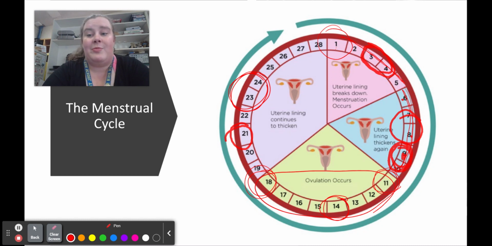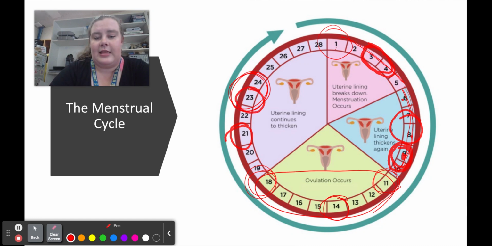Now, is it super likely? No, but there is a chance. Same thing if she's having sex later, right? Because if ovulation happens later, she could potentially still get pregnant, depending on when ovulation happens.